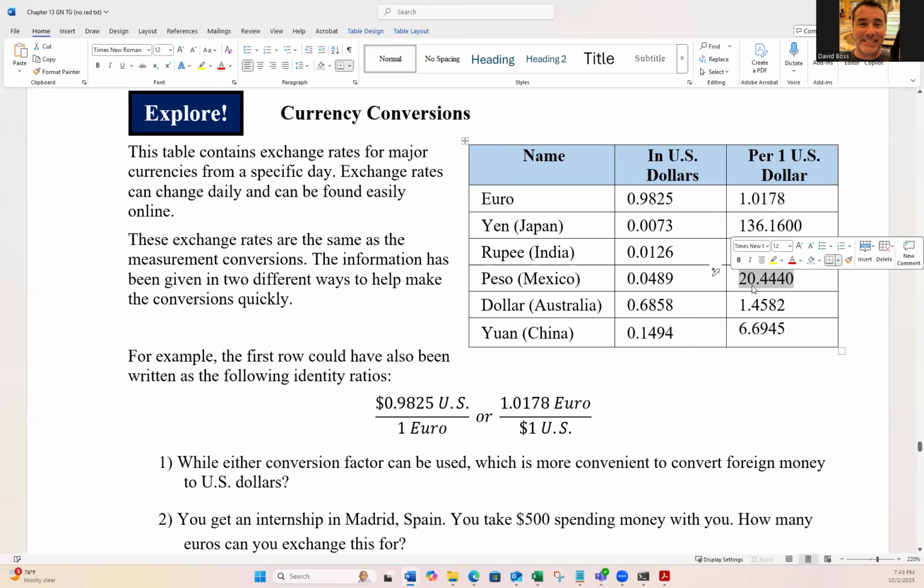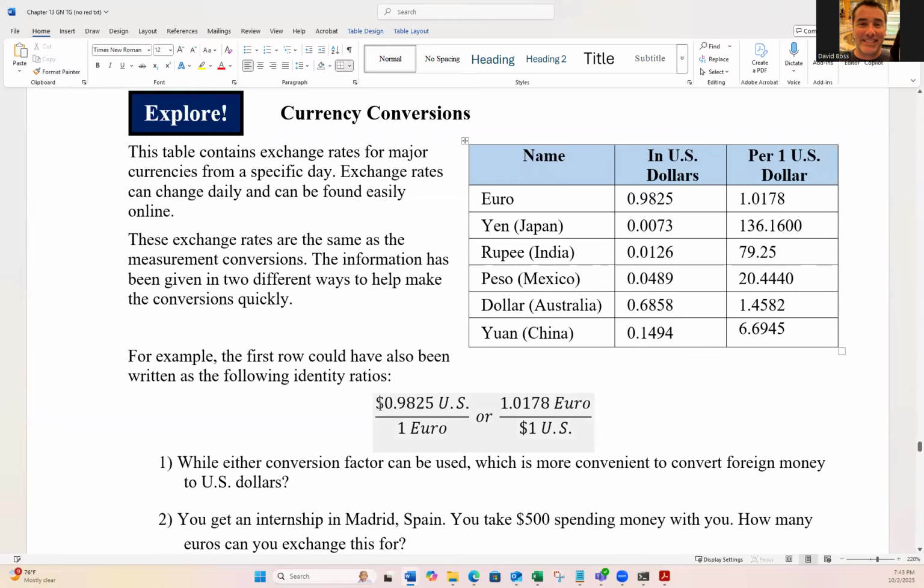So $1 equals 20.44 pesos, or, I'm sorry, 1 peso equals $0.0489. And then there's 20.44 pesos in a dollar. I know that a peso is about a nickel. So it's about a 20th of a dollar.